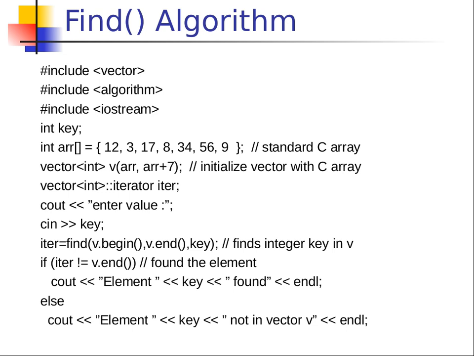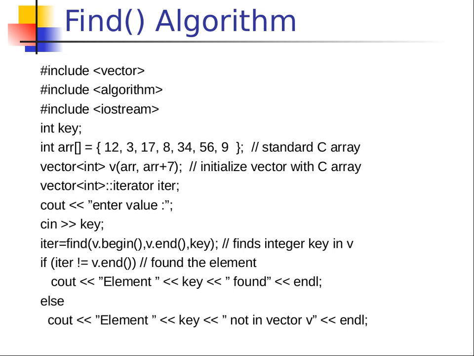You wouldn't have to dereference it to check; it does that for you. You would have to dereference it if you wanted to print it out. To find out if it found your element or not, you just check if find returned v.end. If it returned v.end, then it did not find it. Otherwise, it did find it, and the iterator is pointing to the exact location of that element.